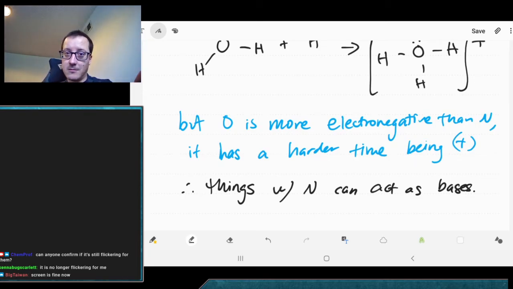Those bases are nitrogenous. They have nitrogen in them that can act as a base. So we're going to see that. That's the whole point of talking about this stuff. So nitrogen with its one lone pair and relatively low electronegativity can go ahead and snatch up a proton and it'll be happy. So we're good with that.